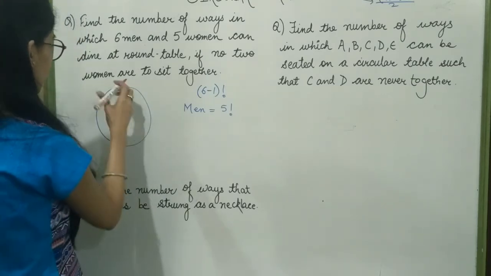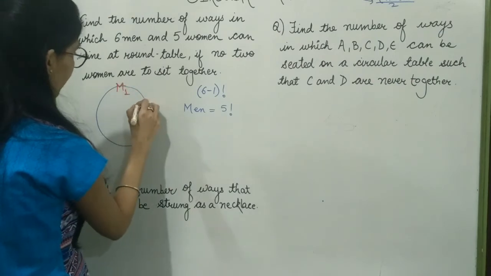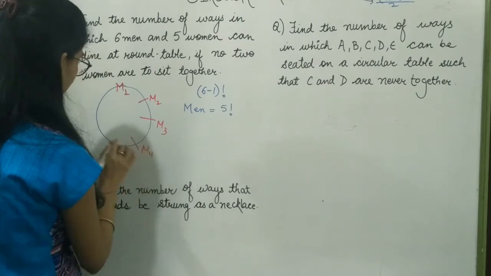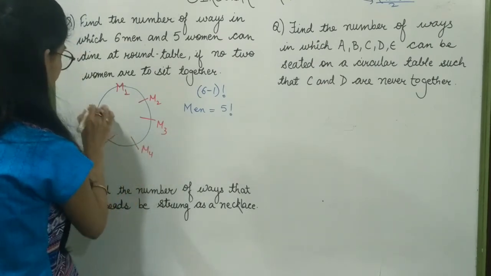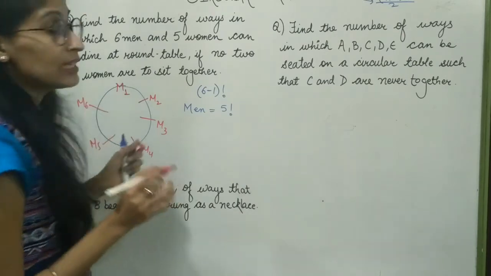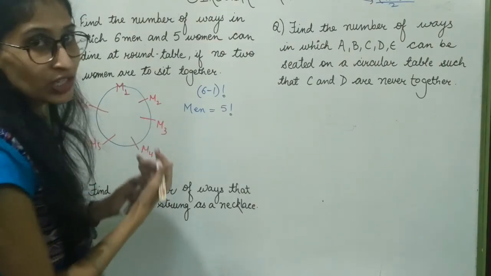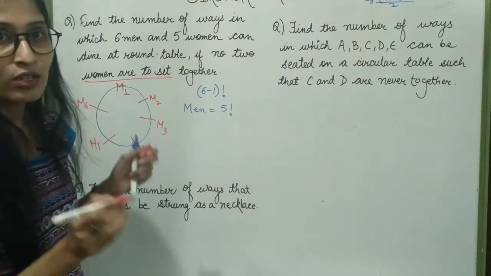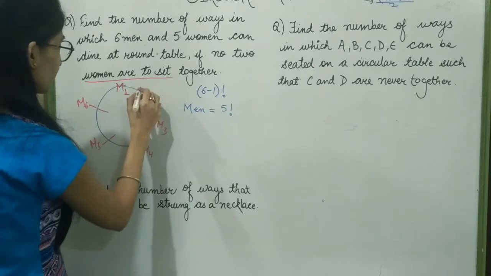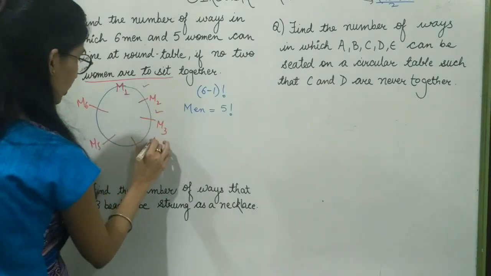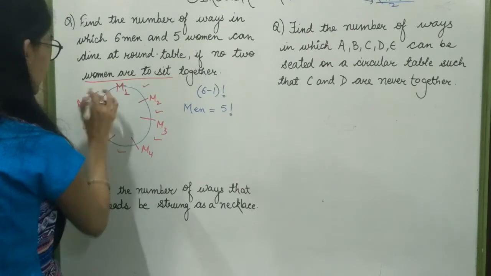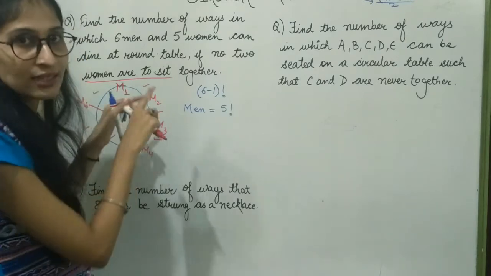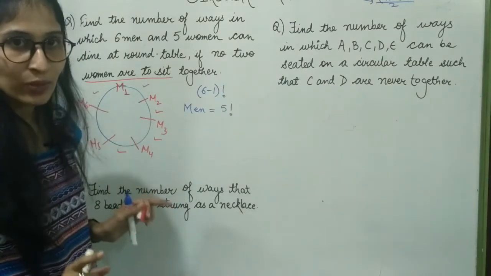Now I have 6 men. Suppose this is the position of man 1, man 2, 3, 4, 5 and 6. Now I have been given the condition that no 2 women are to be seated together. So I can make arrangement of women at 1, 2, 3, 4, 5 or 6 places. If the women are to be seated between 2 men, then no woman will be together.